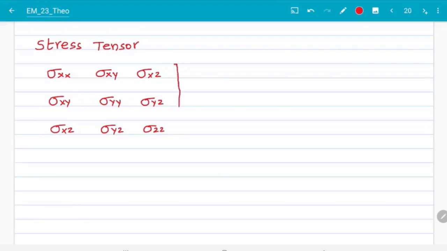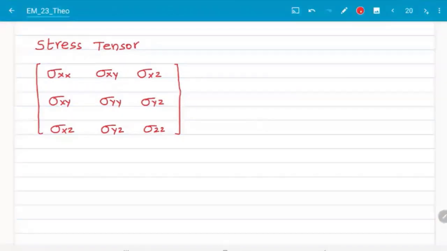It is a stress tensor. Okay, right. Then strain tensor.